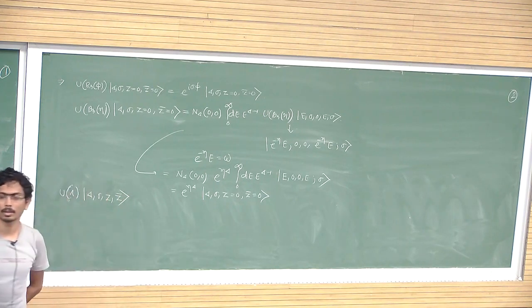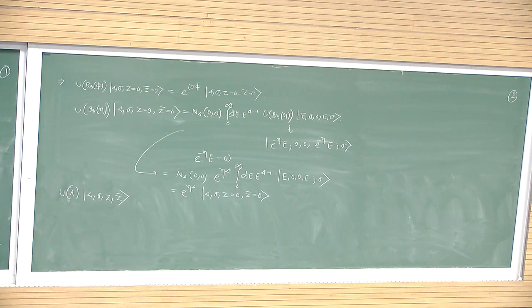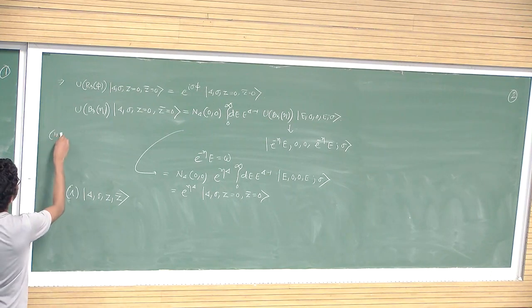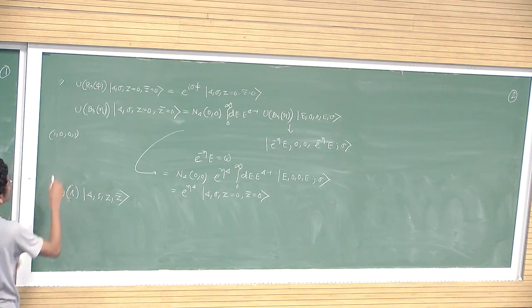The little group should be the same for any reference null direction, yes. No, actually here I am allowing E to vary, right? Yesterday I did not allow that. Yesterday my null momentum was (1, 0, 1) and that 1 was fixed.